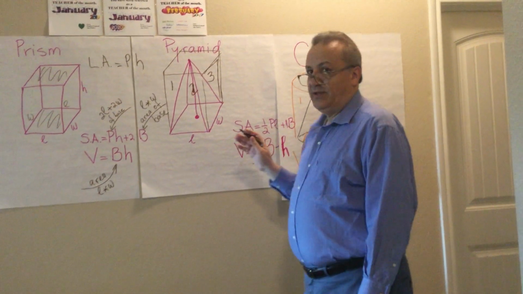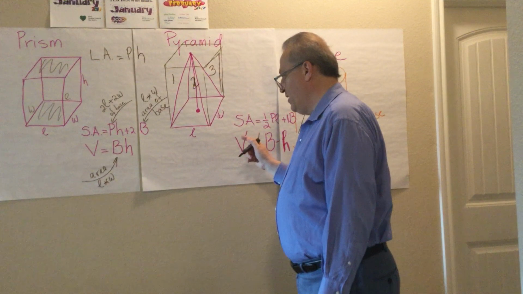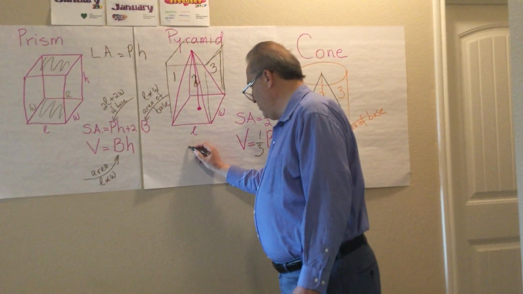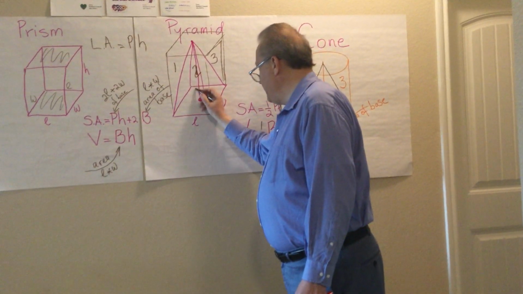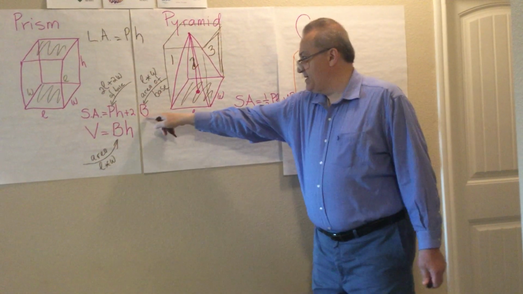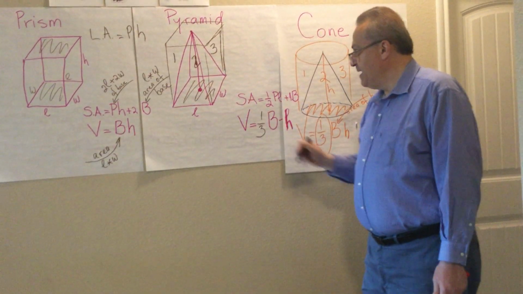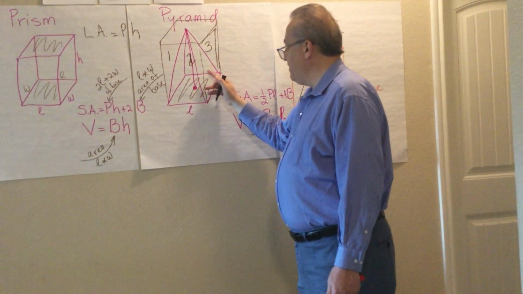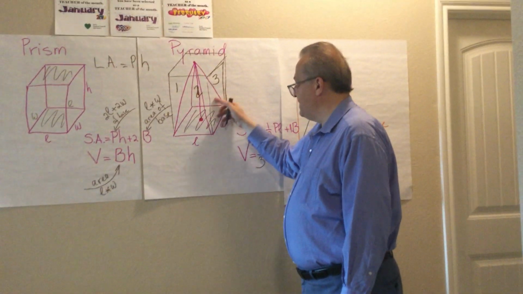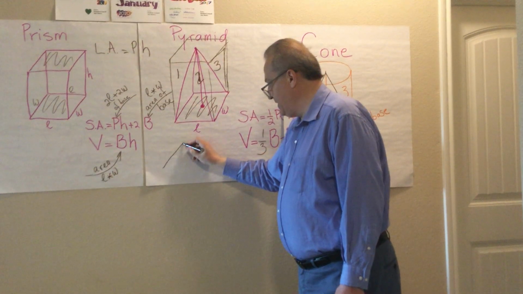But when it comes to the lateral area and the surface area, uh-oh, we got a problem. I know that we got one base, just one base, not 2 bases, because we're talking about the pyramid. But then we have those triangular faces.